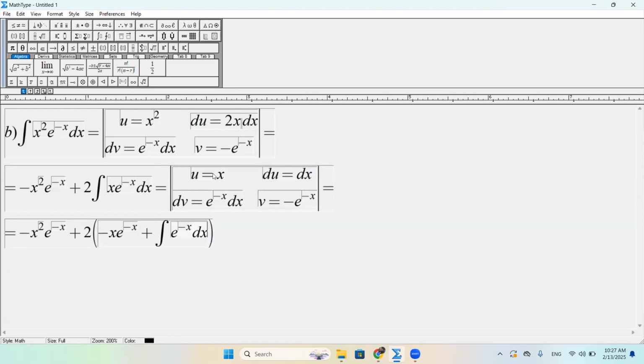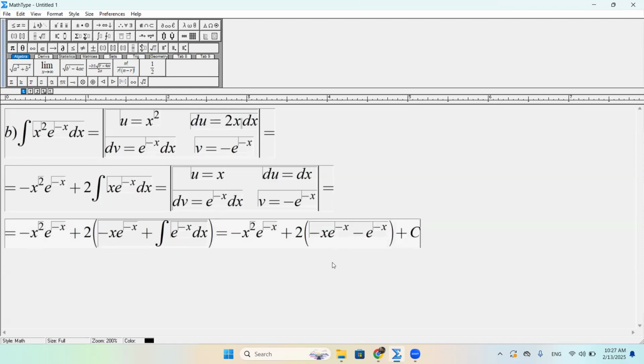So uv is here, and v and du. And now let's integrate once more. And plus c.